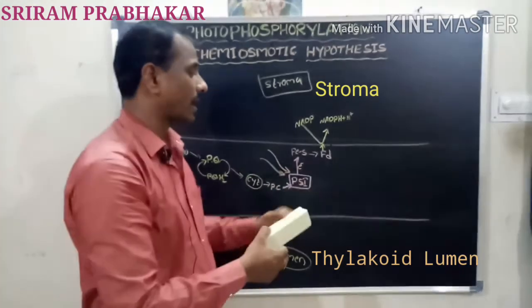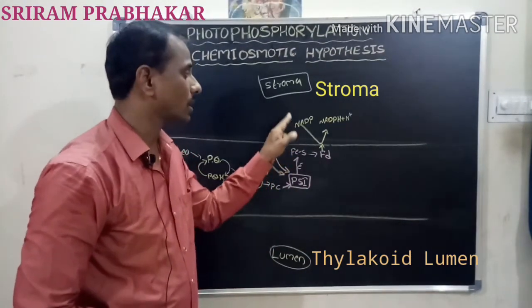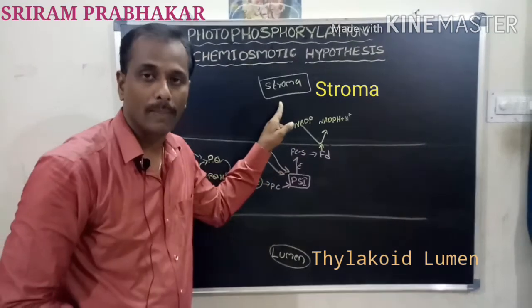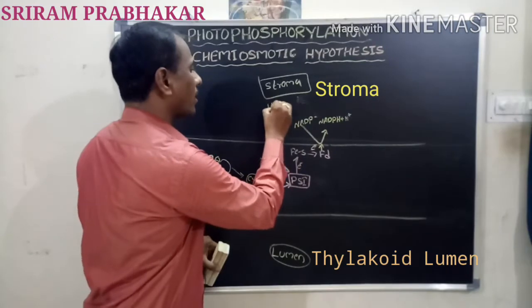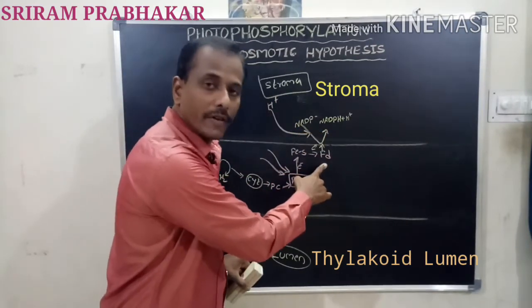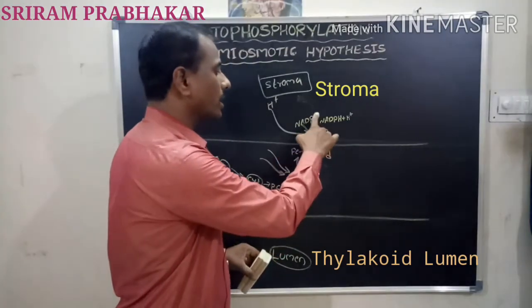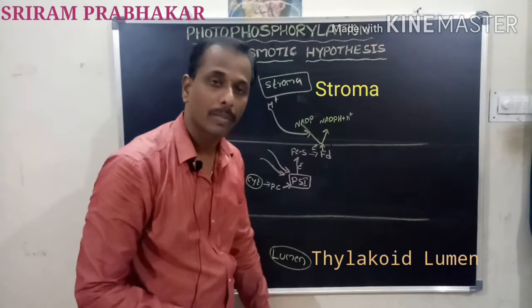From ferredoxin the electron goes to NADP, which is located in the stroma. NADP receives H plus ions from the stroma and electrons from the ferredoxin, and is reduced into NADPH and H plus. It is a part of assimilatory power.